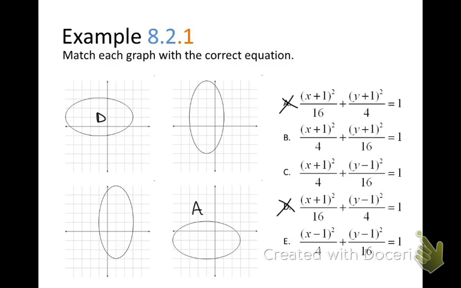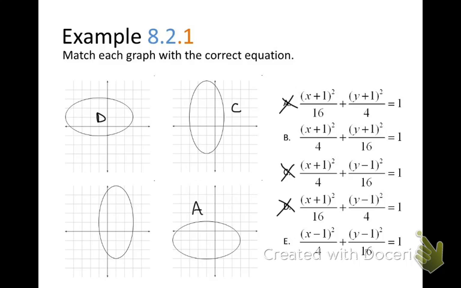So now the other two have to be vertical, which are any of the remaining ones. Notice that the 416 is constant the whole way through, right? So again, we're just going to be looking at our centers for this, right? So this center should be at -1, +1, so I should be seeing x +1, y -1, right? Where do you see that? C. So that means that this graph is C. And now my last one has to be either B or E. Which one is it?